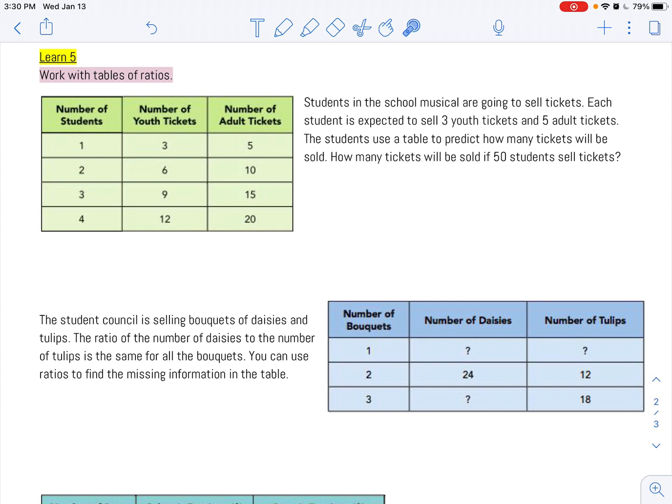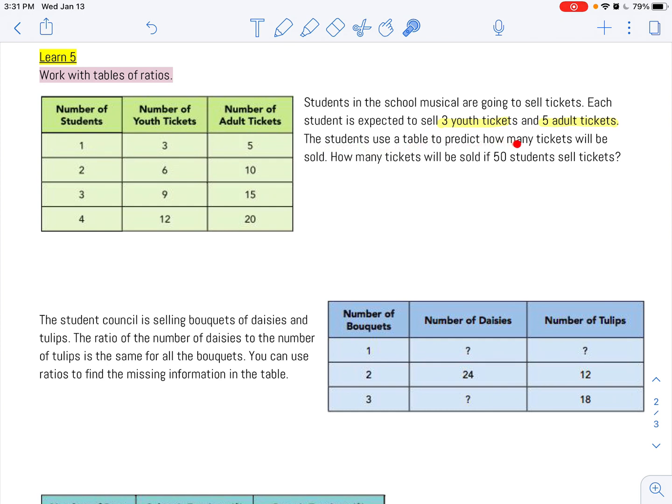So the first example says, students in the school musical are going to sell tickets. Each student is expected to sell 3 youth tickets and 5 adult tickets. We can see that here in the first row of our table. For one student, they are expected to sell 3 youth tickets and 5 adult tickets.